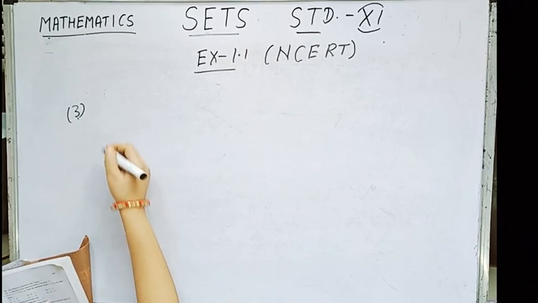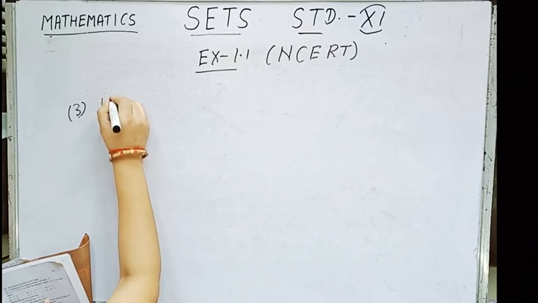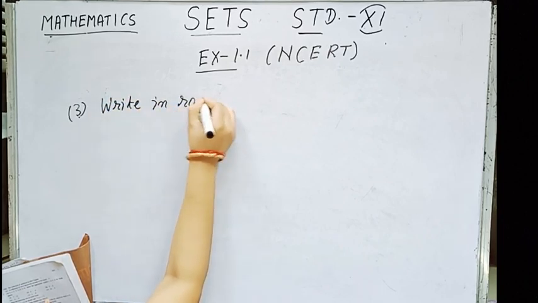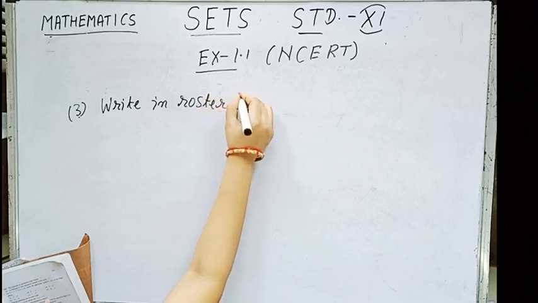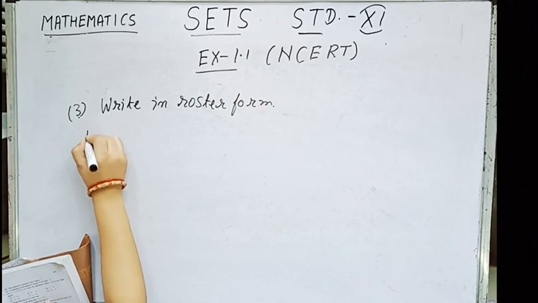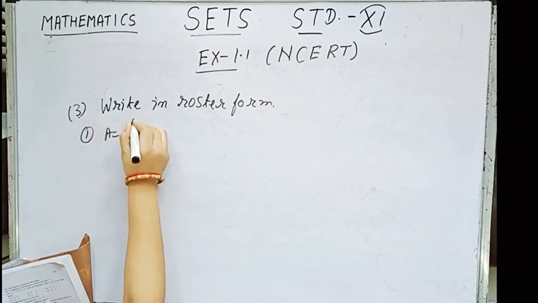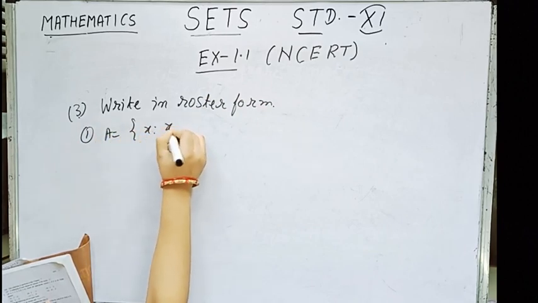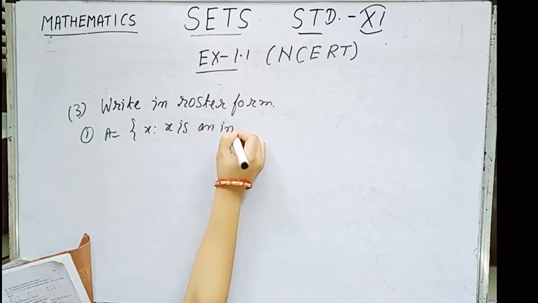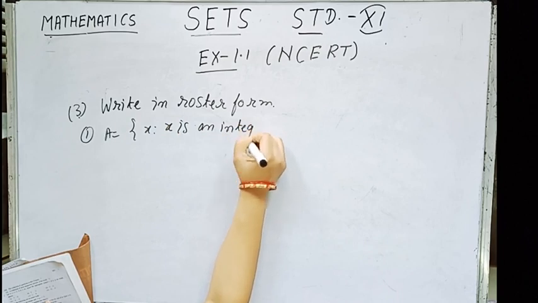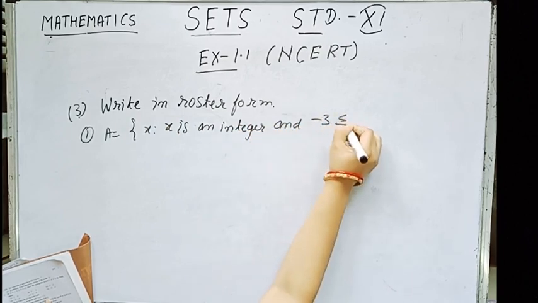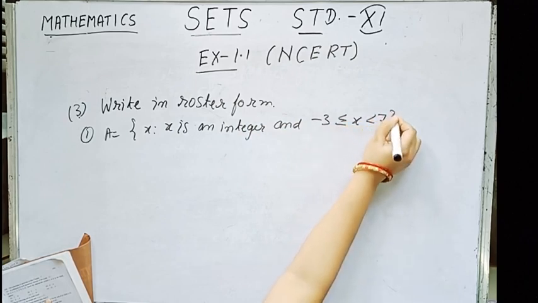Now question number 3 is write the following in roster form, means we have to write the numerals. Number 1 is A equals to X such that X is an integer and minus 3 is less than or equal to X, which is less than 7.